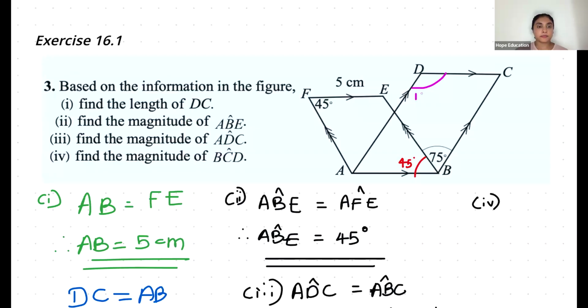Then the fourth one, find the magnitude of BCD. That means we have to find the magnitude of this angle. How should we do that? 120 plus 120 minus 360.